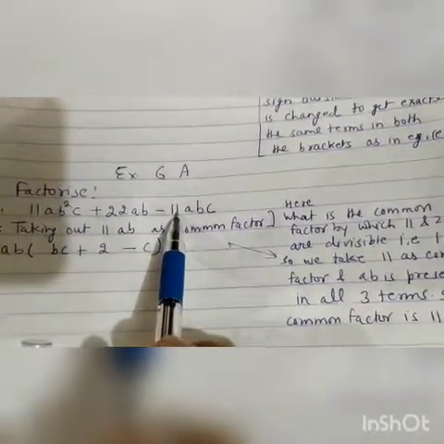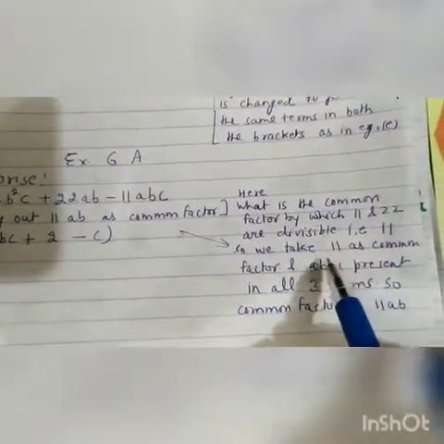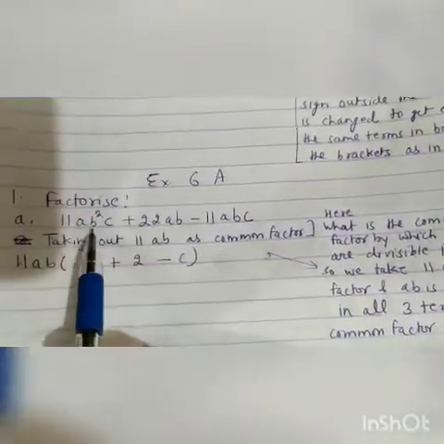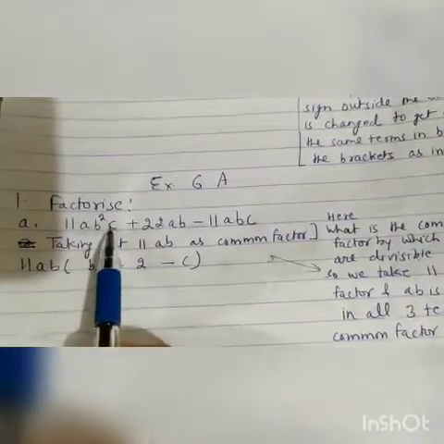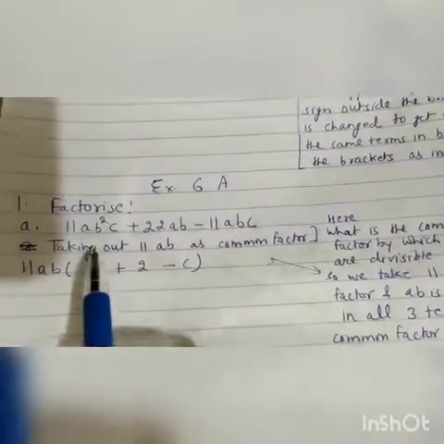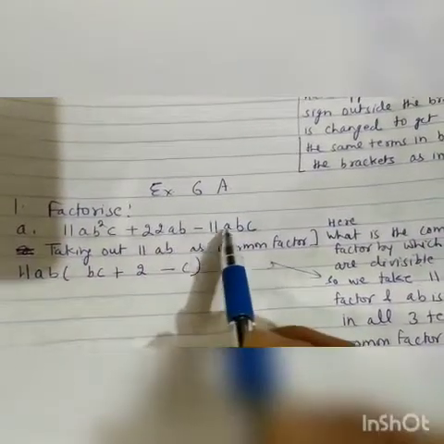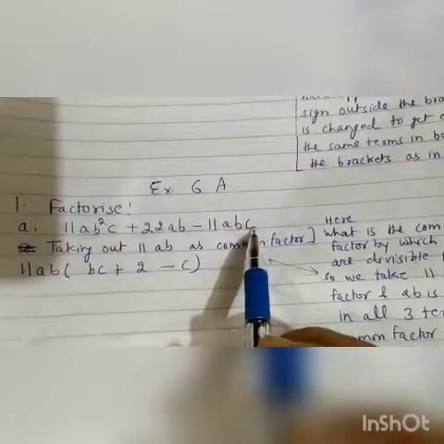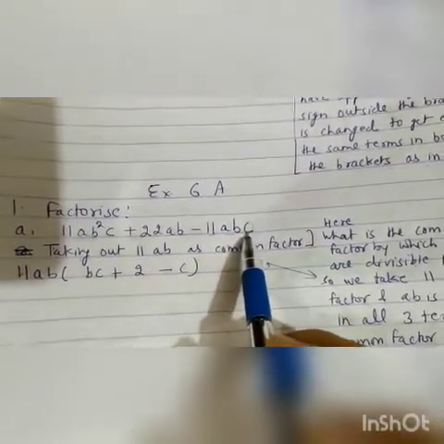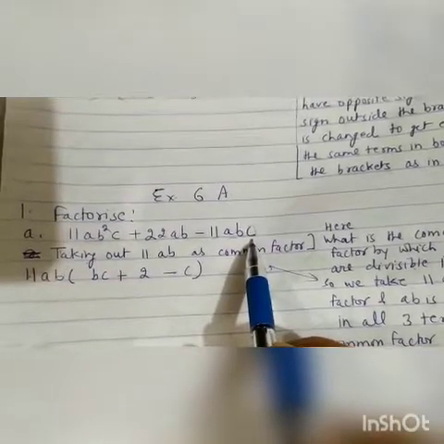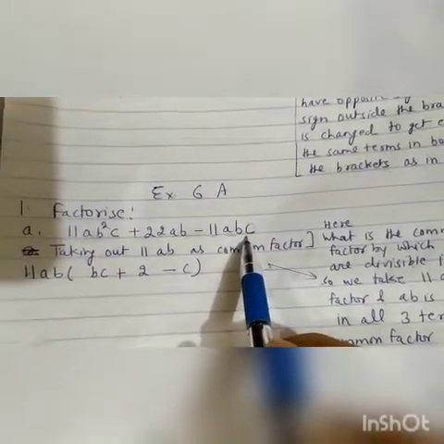That number is 11, so we will take 11 as a common factor. Now see the literal coefficients: ab square c, ab, and abc. ab is present in all three terms. c is present only in the third term, so we cannot take c as a common factor.